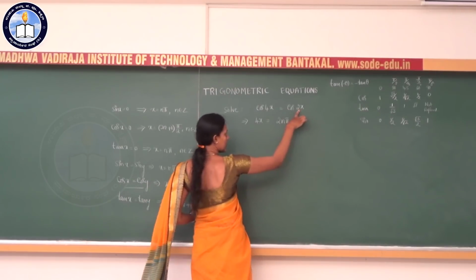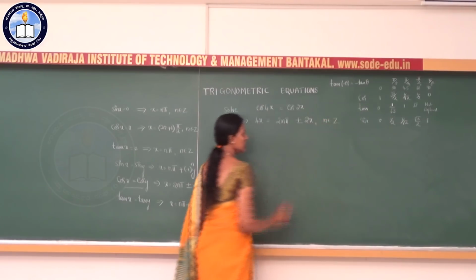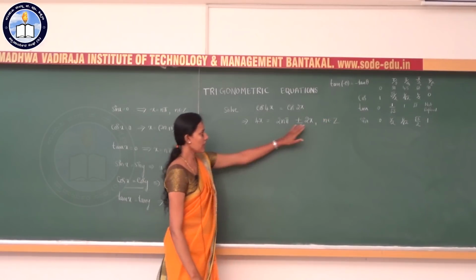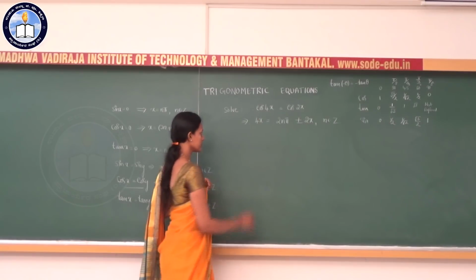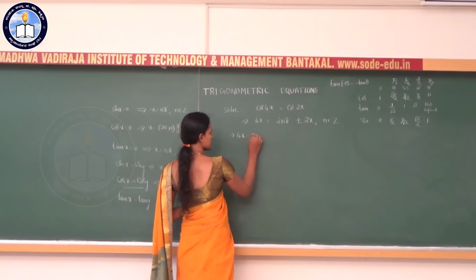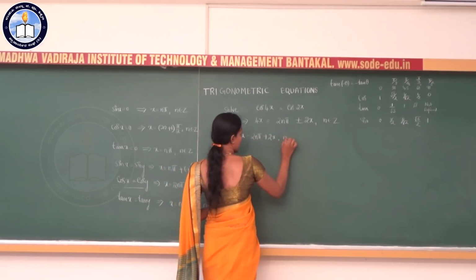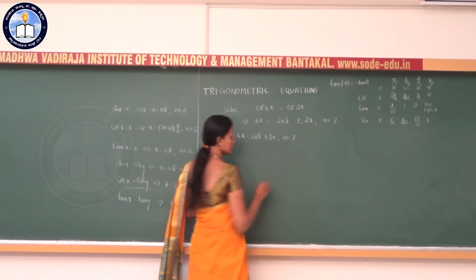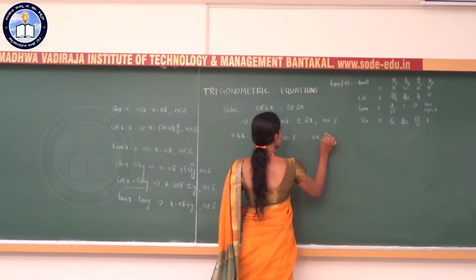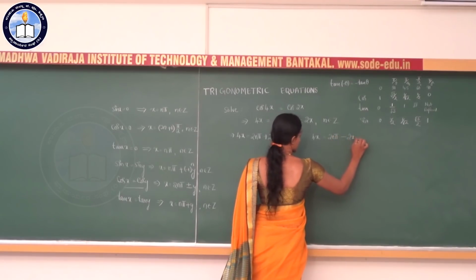But in the place of y, here we have 2x, for n belongs to Z. So we have to simplify it for x now. There are two cases. First is 4x is equal to 2n pi plus 2x, where n is an integer. The second case is 4x is equal to 2n pi minus 2x.